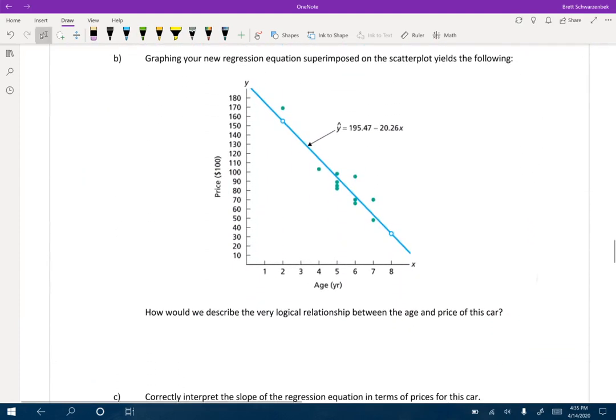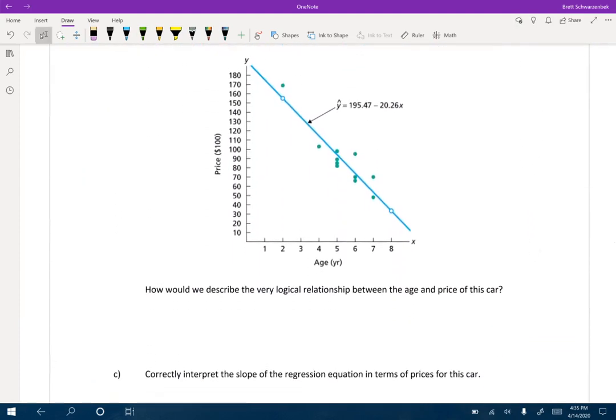So our first question is, how would we describe the very logical relationship between age and the price of a car? Well, we talked about that before. Basically, as our x variable age increases, then our y variable price decreases.